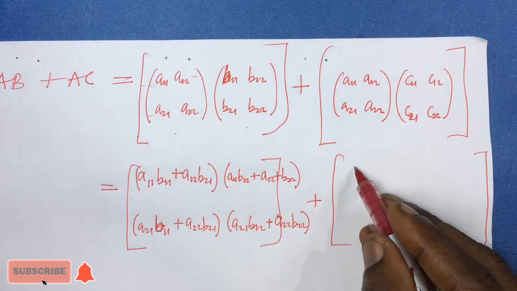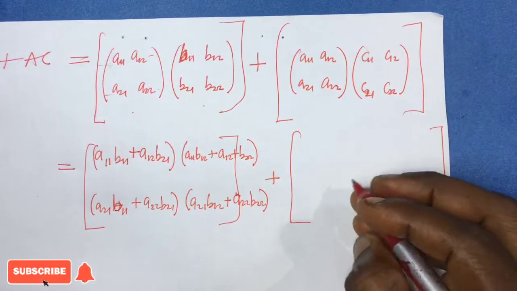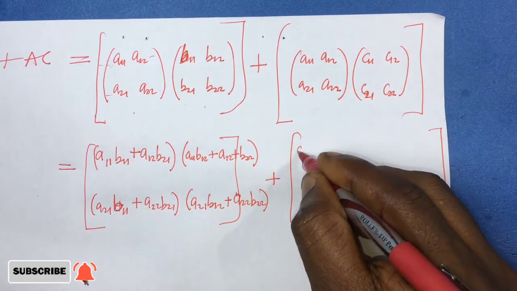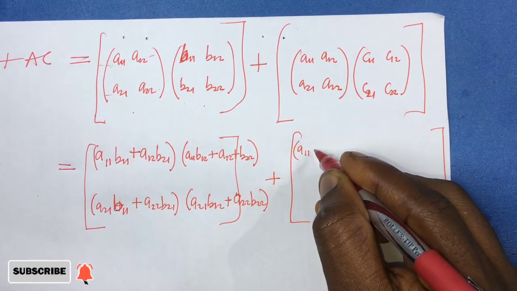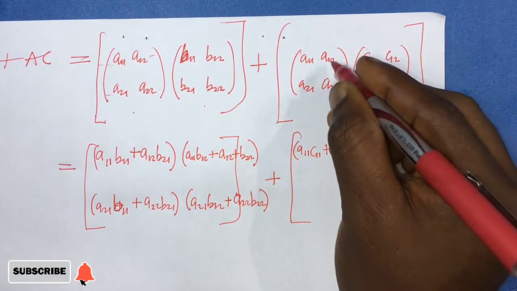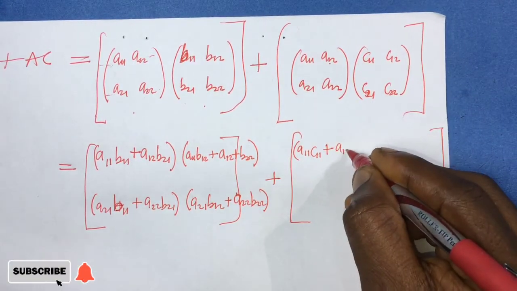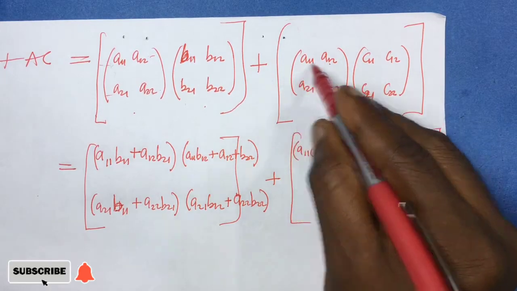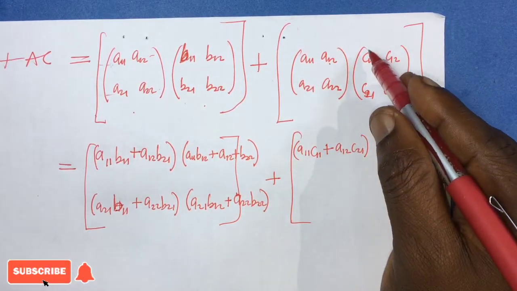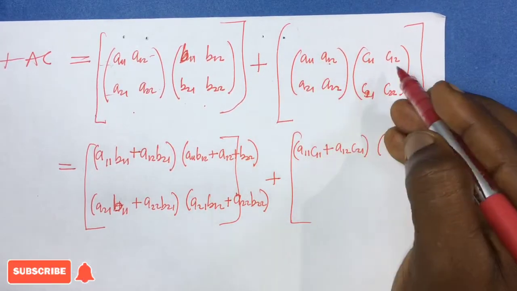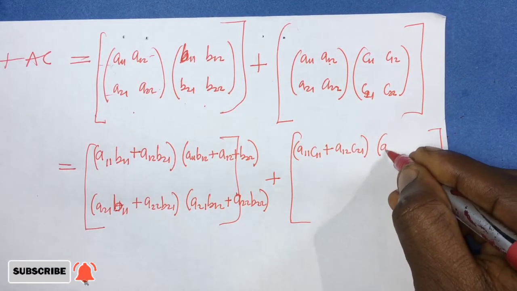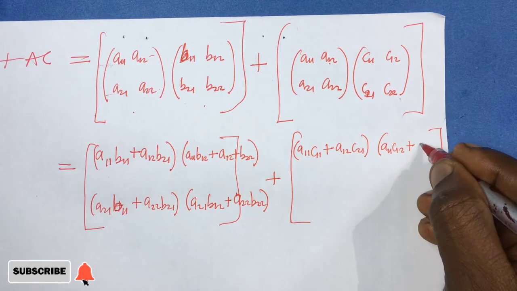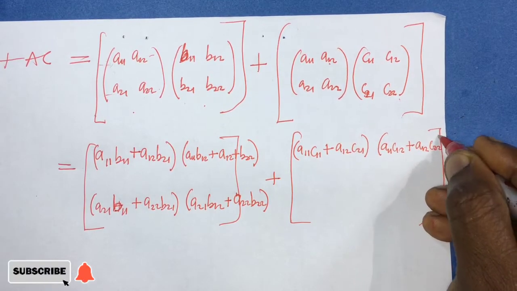Now if you come over here for this matrix and repeat the same thing, you would have this times this gives you A11 C11 plus this times this, A12 C21. Close that bracket and come over to using the first row to multiply the second column: A11 times C12 plus A12 times C22.